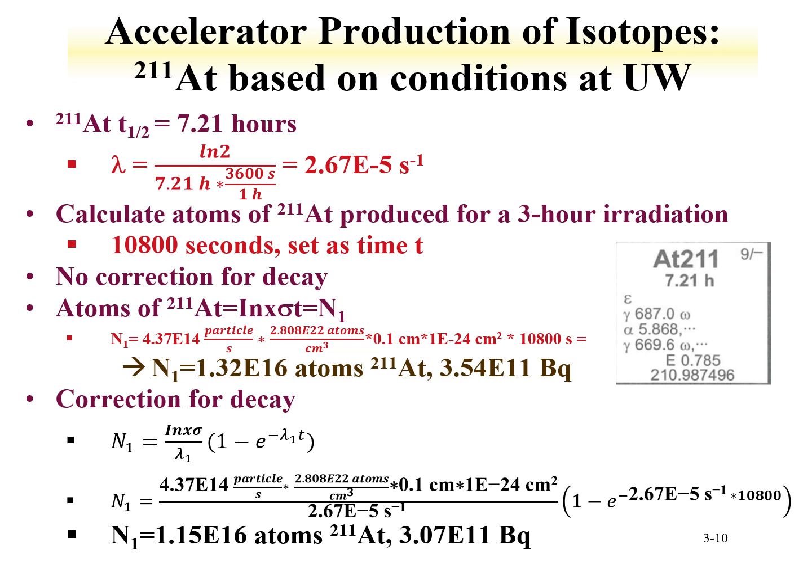And those values are shown here with the particles per second, atom density, target thickness, cross-section from the previous slide, and the irradiation time provided above. One gets the production of 1.3 times 10 to the 16th atoms of astatine-211, and that's equal to 3.5 times 10 to the 11th becquerel, and that's simply found from activity equals lambda N.